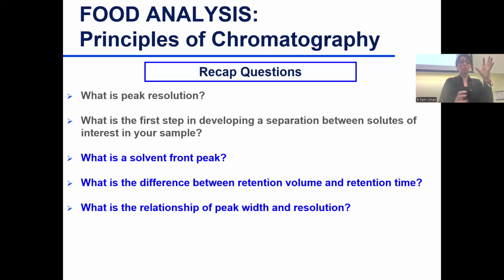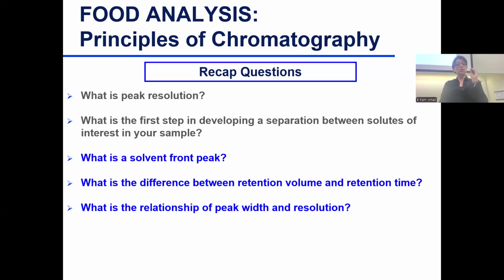Yes. So retention volume is the volume it took until a certain solute comes out. But most commonly we use the retention time, the time it took from injection till you saw your component in the chromatograph.